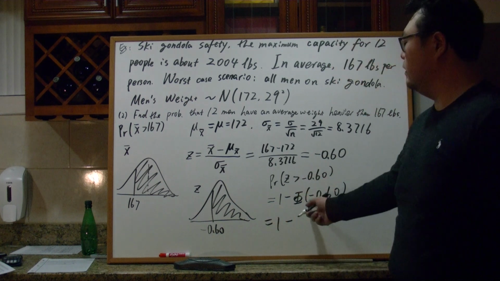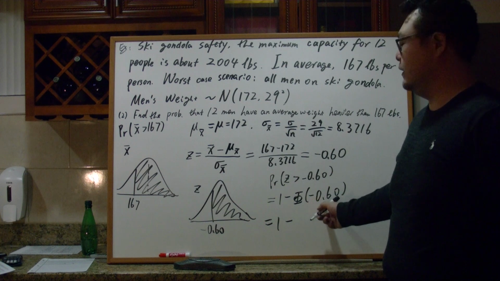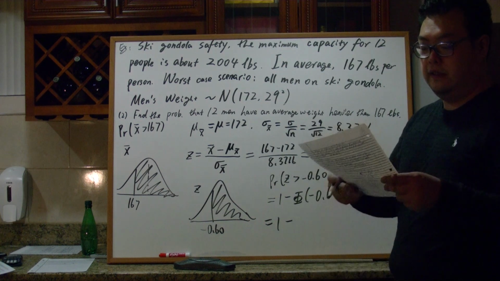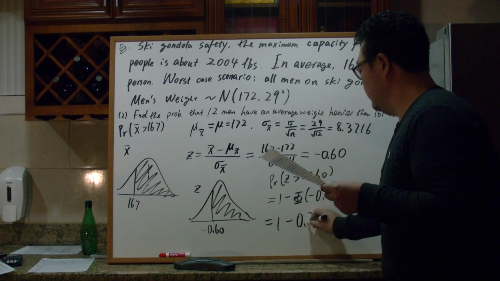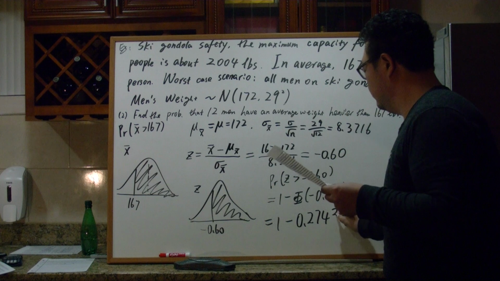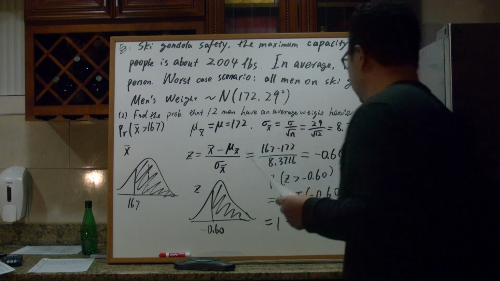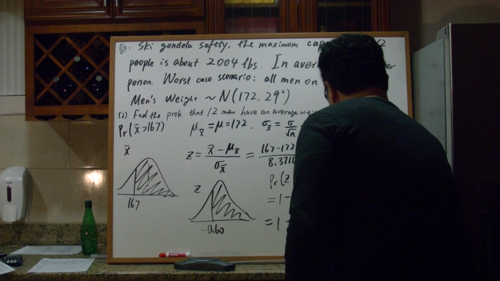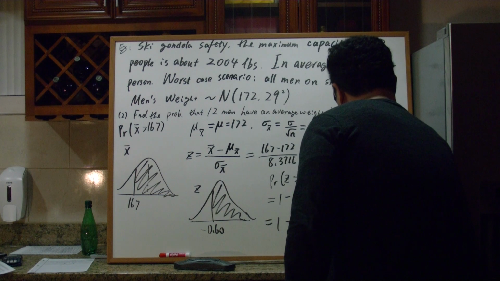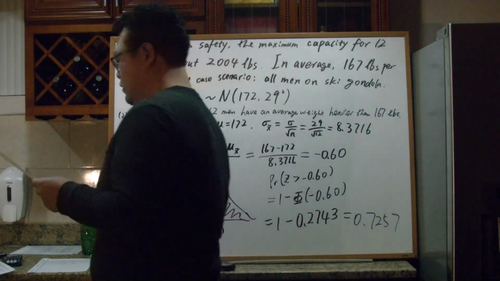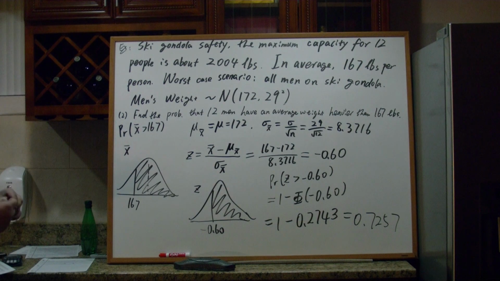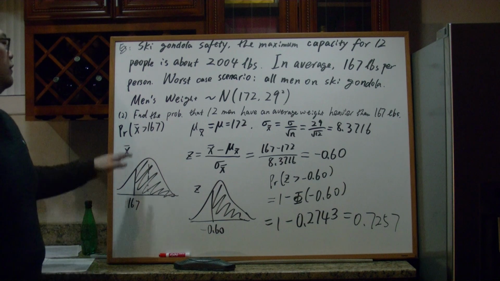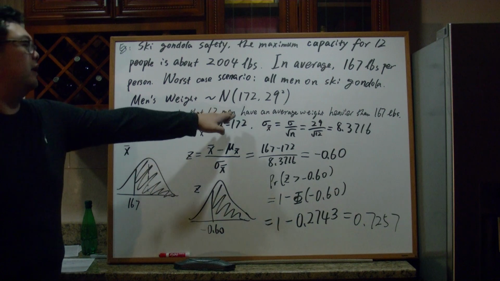Since it's bigger than, for the table value we go to the negative side and find the value 0.2743. And the final answer is 0.7257. So this one involves the sampling distribution to find the sample mean, or the average.